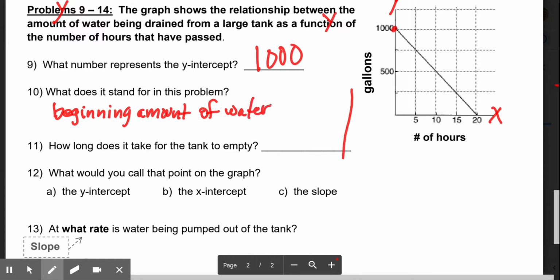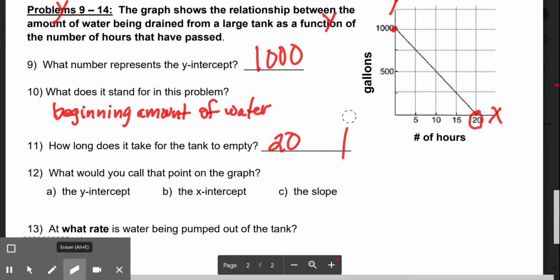Okay, and then number 11 says, how long does it take for the tank to empty? Well, as you can see, if it starts out at 1,000 and over a certain period of time, the number of gallons decreases until it gets to 20 hours. There, it's working now.